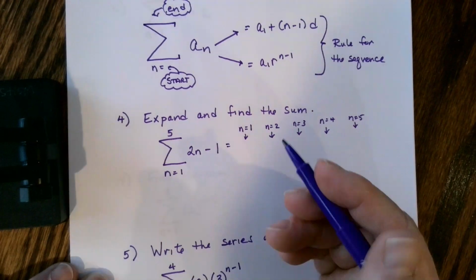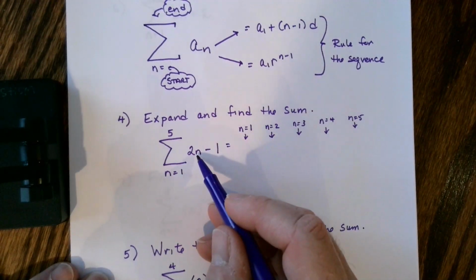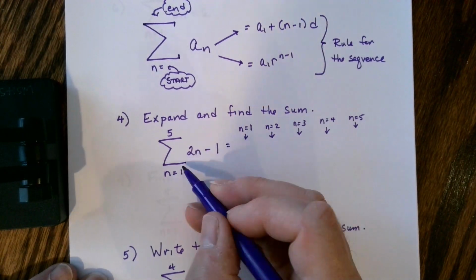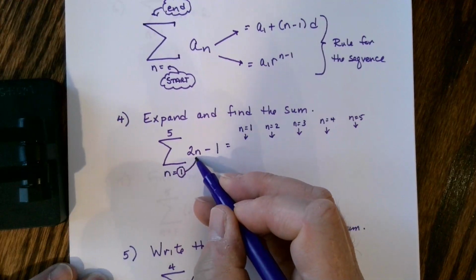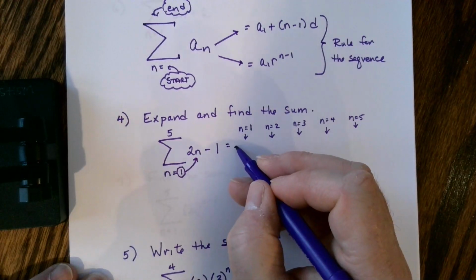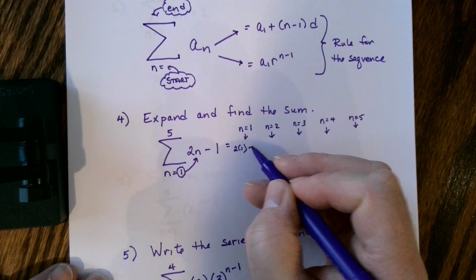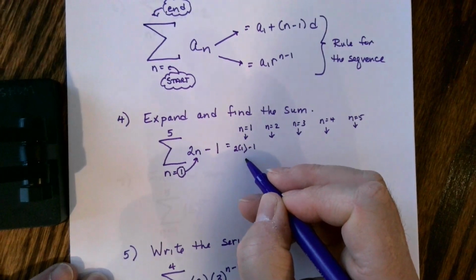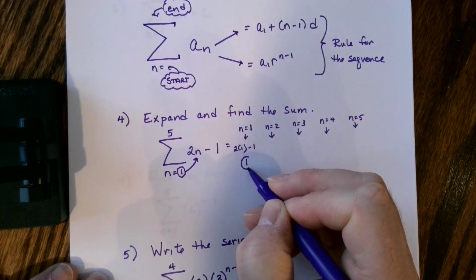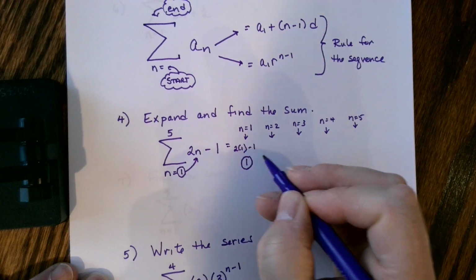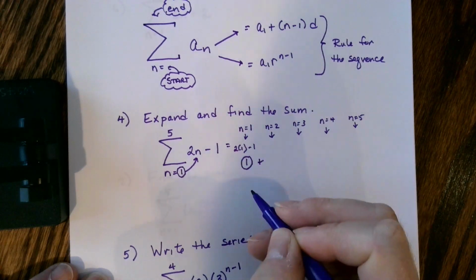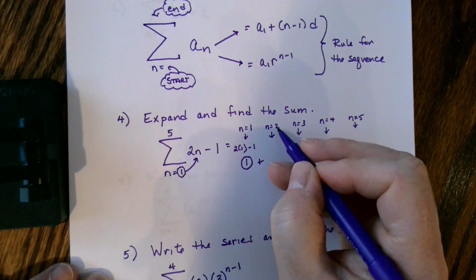So let's do the math very quickly. If I put in a 1 here for n, I'm going to end up with 2 times 1 minus 1. Well, 2 minus 1 is 1. So that would be the value of my first term. And now we're going to add that to n equaling 2.